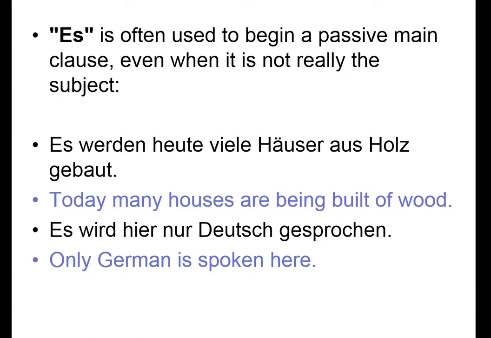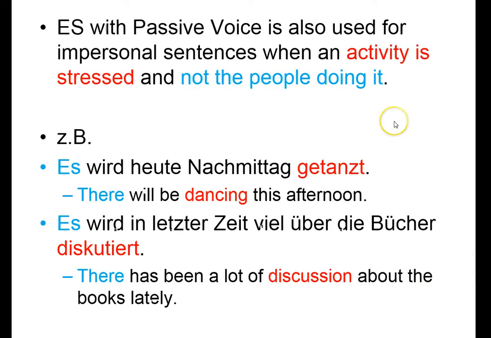What we see more often used is this idea. So es can be used when it's the activity that's more important than actually who are the people who are going to be participating. So if we said something like, Es wird heute Nachmittag getanzt, we're really focusing on the dancing part, not like who's doing the dancing.